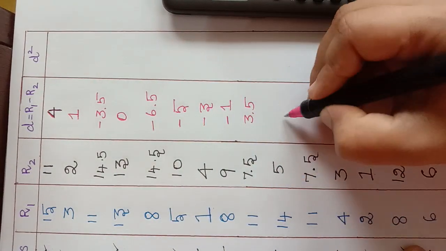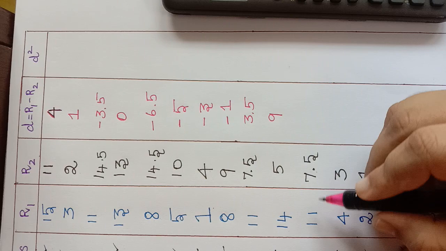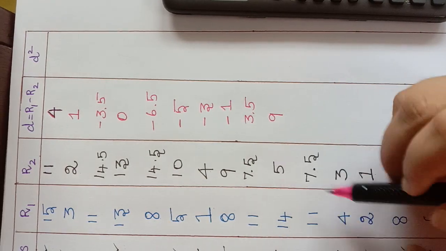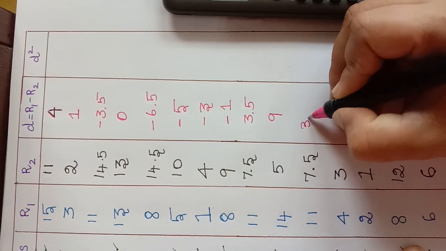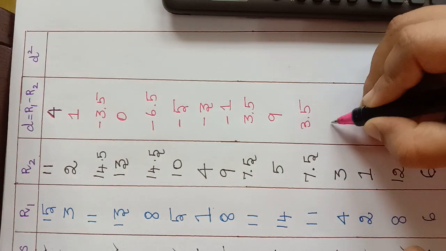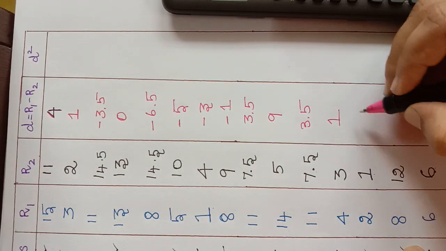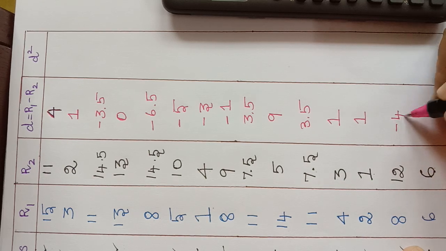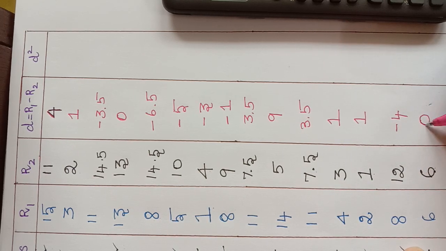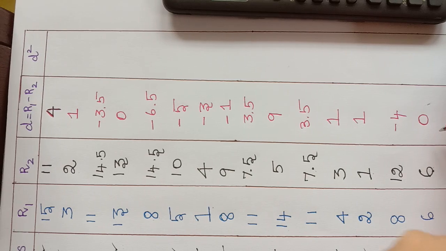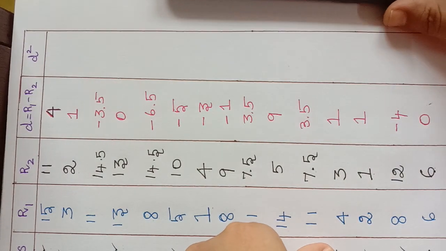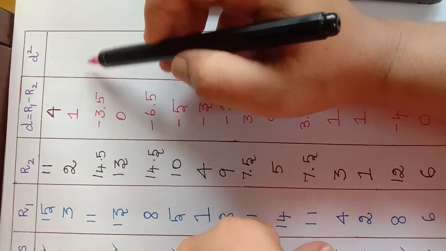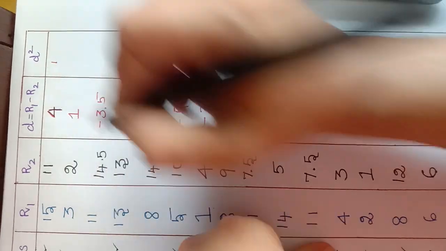Then 14 minus 5 is obviously 9. 11 minus 7.5 we have already seen here. So 3.5. 4 minus 3 is 1. 2 minus 1 is 1. 8 minus 12 is minus 4 and 6 minus 6 is 0. So we have got all the values of D. Now we have to find D square, which will be the square of these numbers. 4 square is 16.